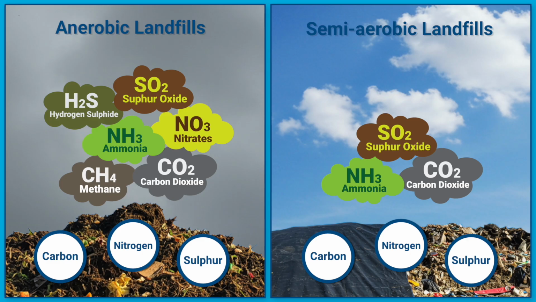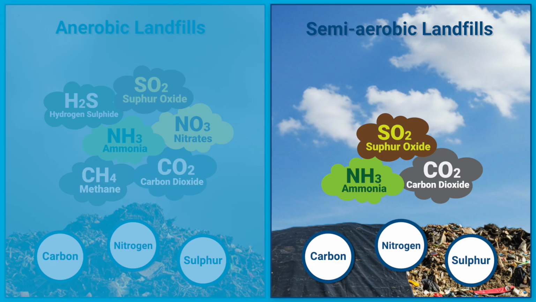It's important to note that chemicals generated by anaerobic landfilling tend to be more harmful and challenging to manage. They can contribute to higher environmental risks and even cause corrosion of landfill facilities, increasing operational costs and safety concerns. This comparison highlights the environmental benefits of adopting semi-aerobic landfill practices whenever feasible.